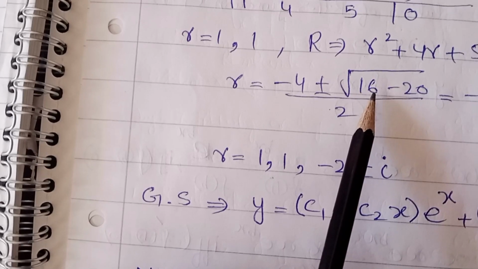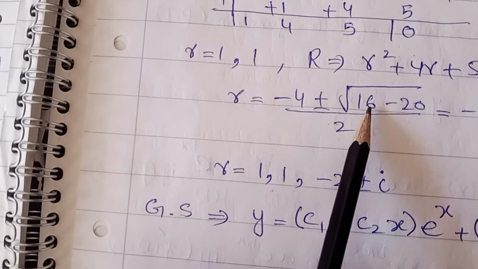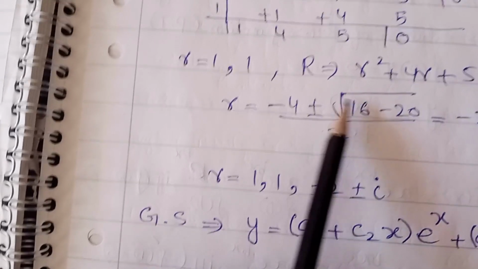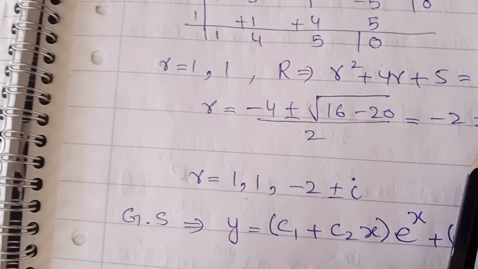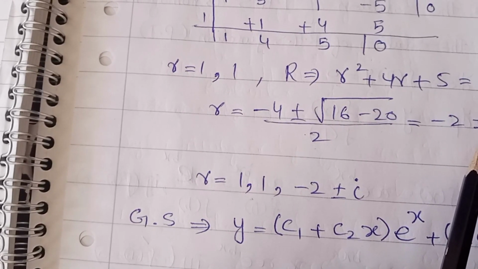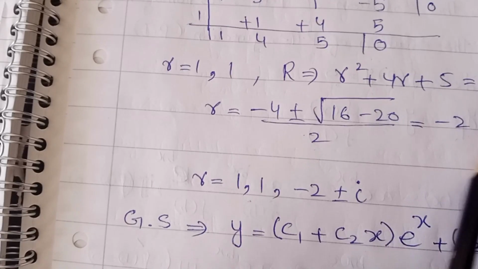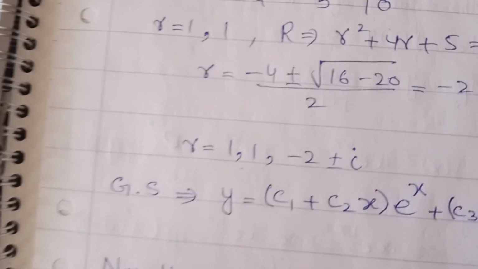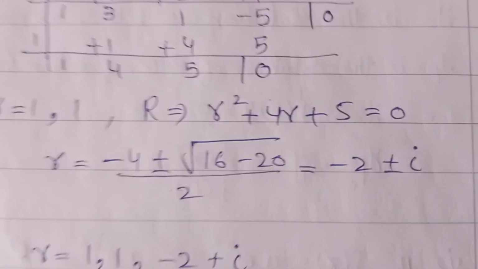The root of minus 4 becomes 2 iota square root, so it will be 2 iota. When you take common 2 from this factor, one step is missing here, so if you would like to add one step, I will show you.